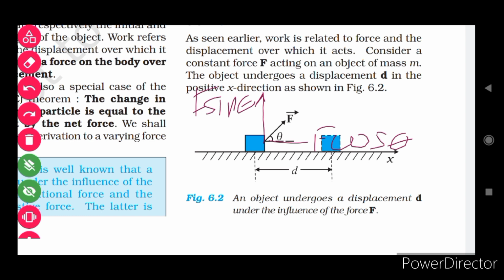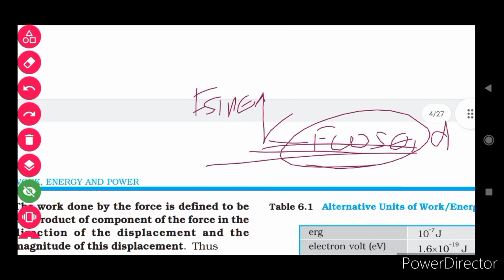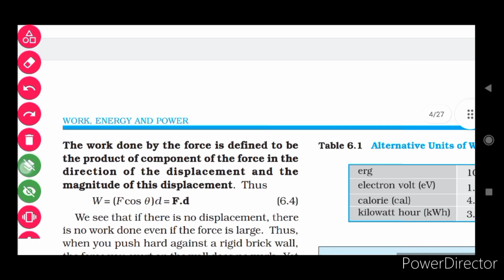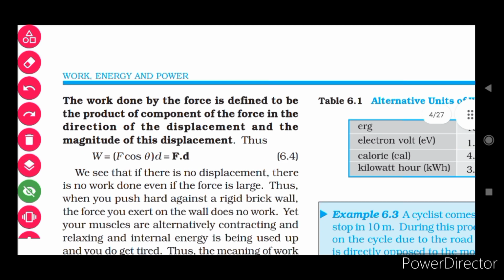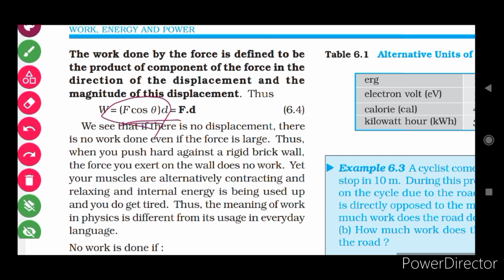For calculating work done, we take the component of force in the direction of the displacement, and the product of this component and the displacement gives us the magnitude of work. This is the definition of work. So work is F cos theta times d, where d is the displacement, and this is nothing but the dot product, or the scalar product.